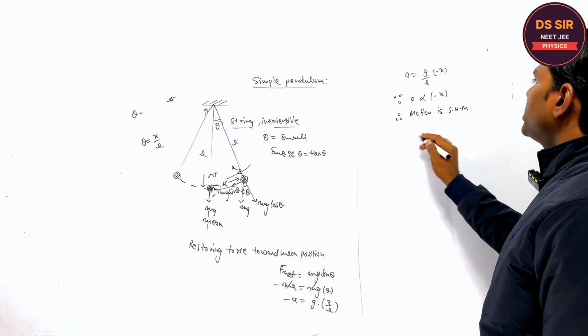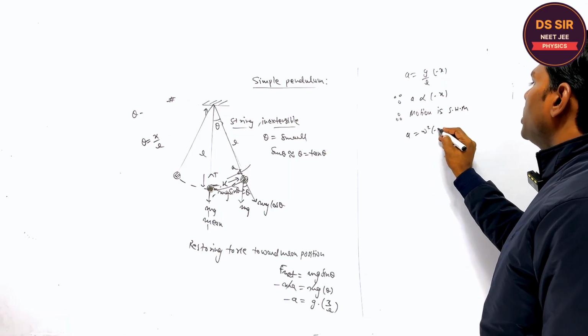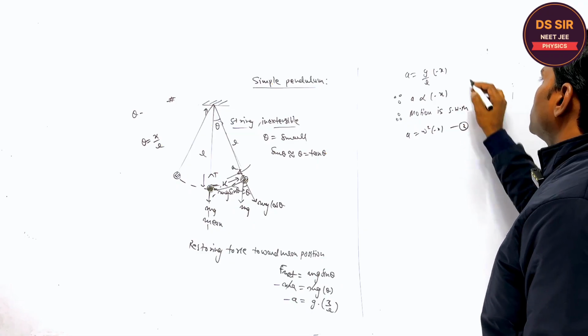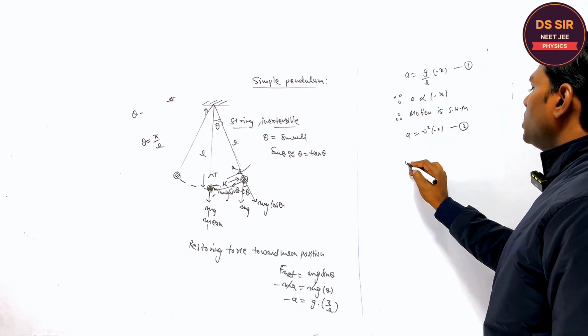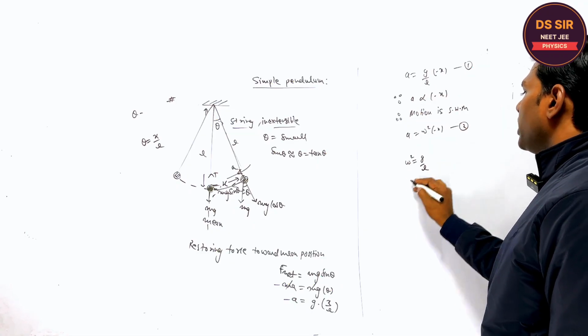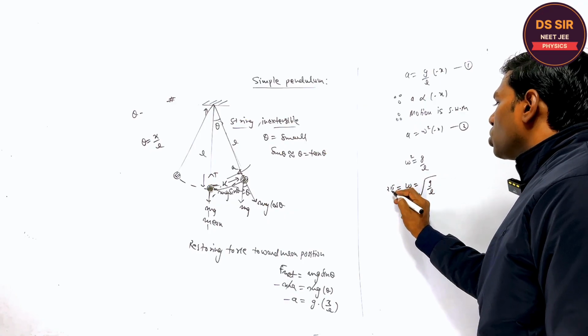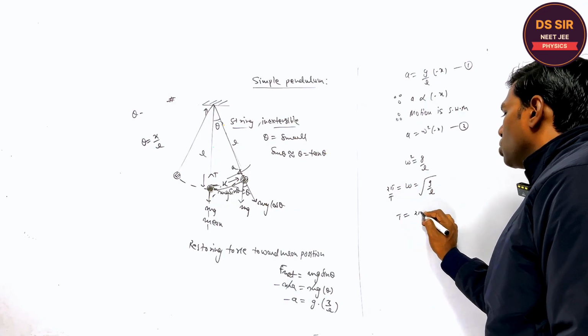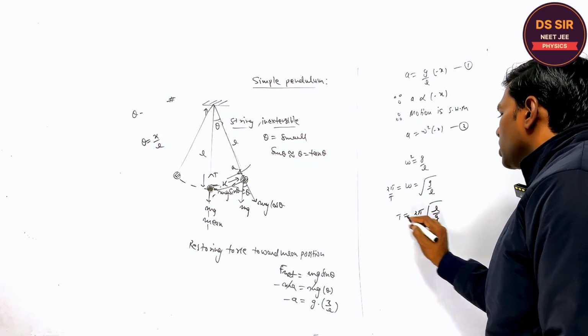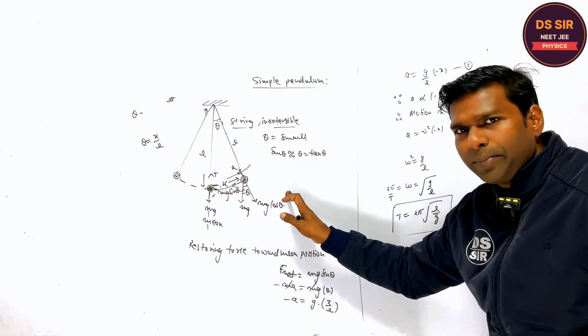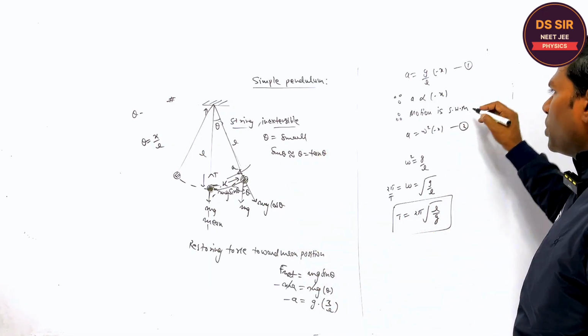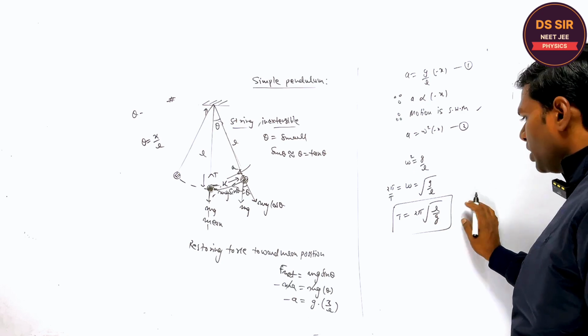And if motion is SHM, you can compare with the standard equation of SHM. So what is omega square? It is g by L. Omega, which is the square root of g by L, is equal to 2 pi by T, so T is equal to 2 pi root L upon g. This is the time period of the simple pendulum we have found because it is performing SHM, right?